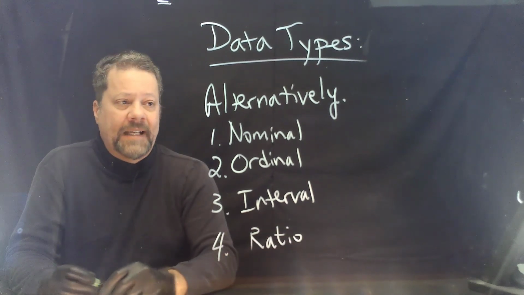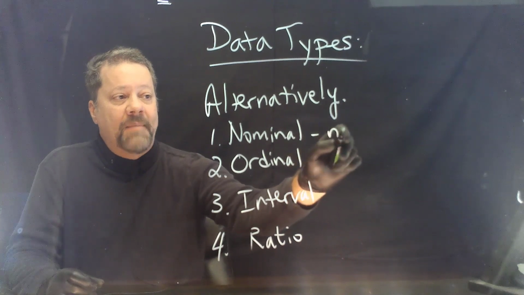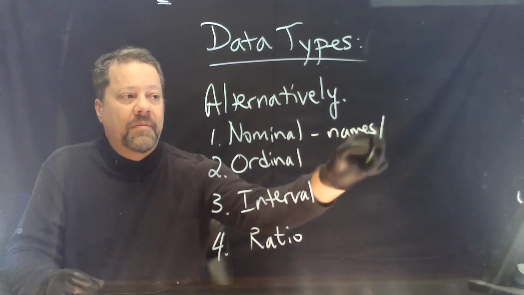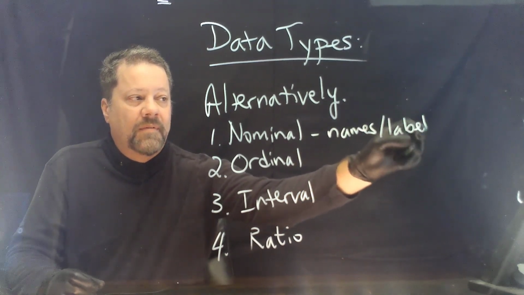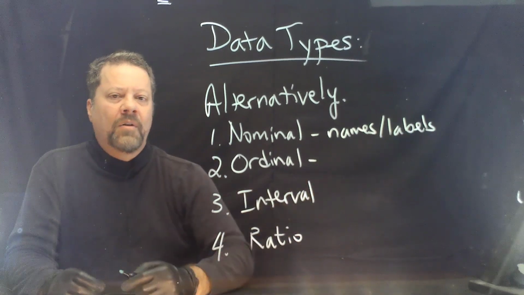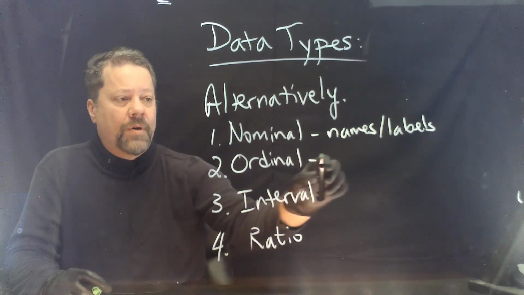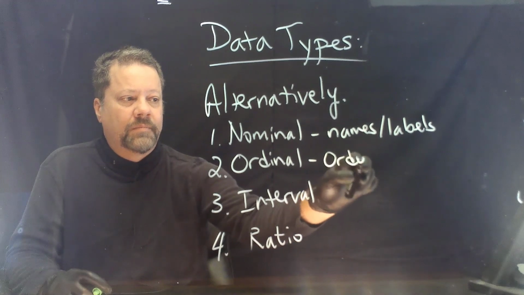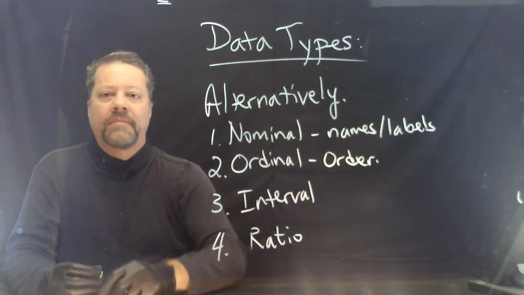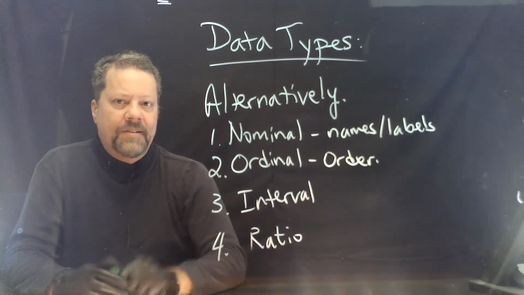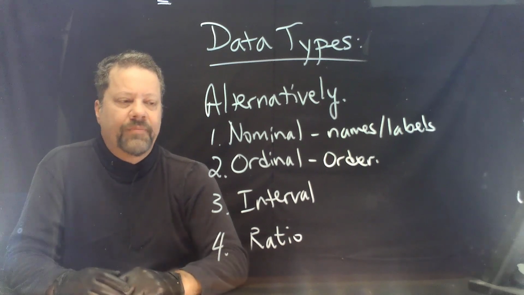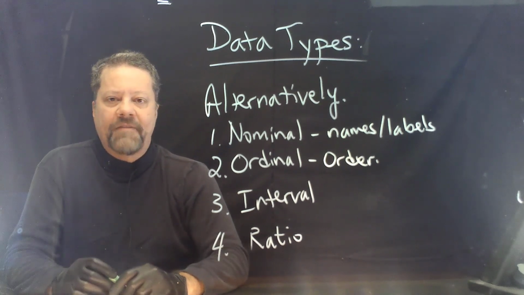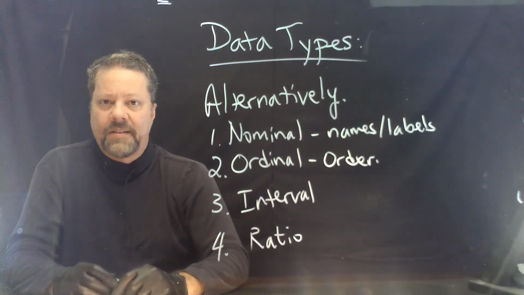So nominal data is just names and labels. Ordinal data has an order to it. So 1 is less than 2. But it doesn't have to be numerical necessarily.